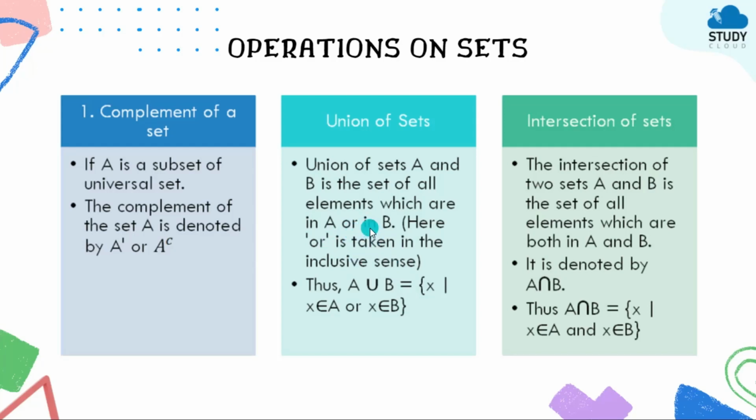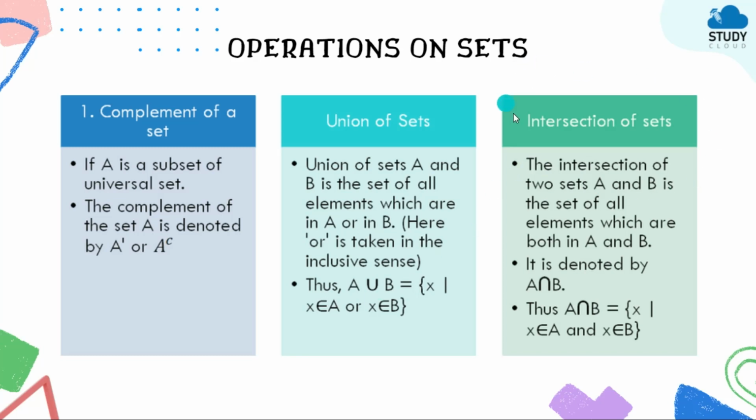You can use a symbol like this, U, for A union B. For example, if A has the values 1, 2, 3, 4 and B has 5, 6, 7, 8, then A union B will be all the values 1, 2, 3, 4, 5, 6, 7, 8, irrespective of whether they are common or not.